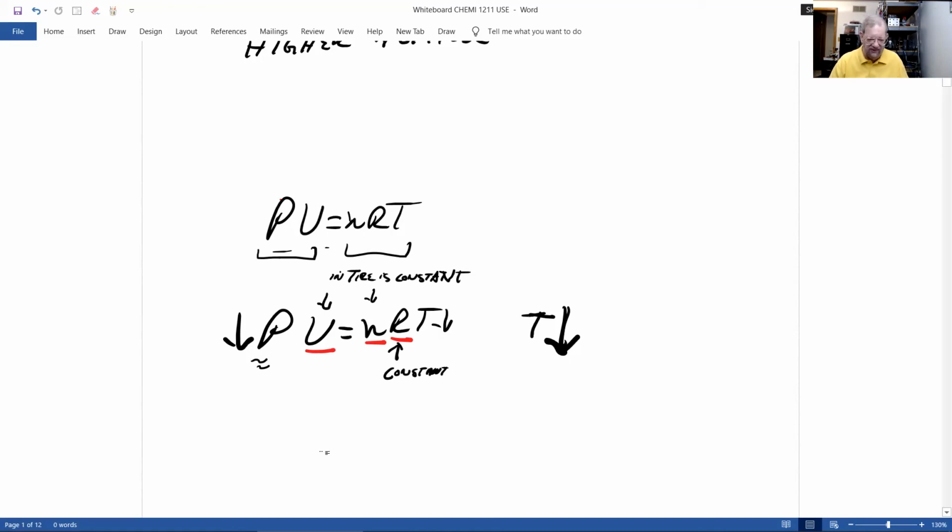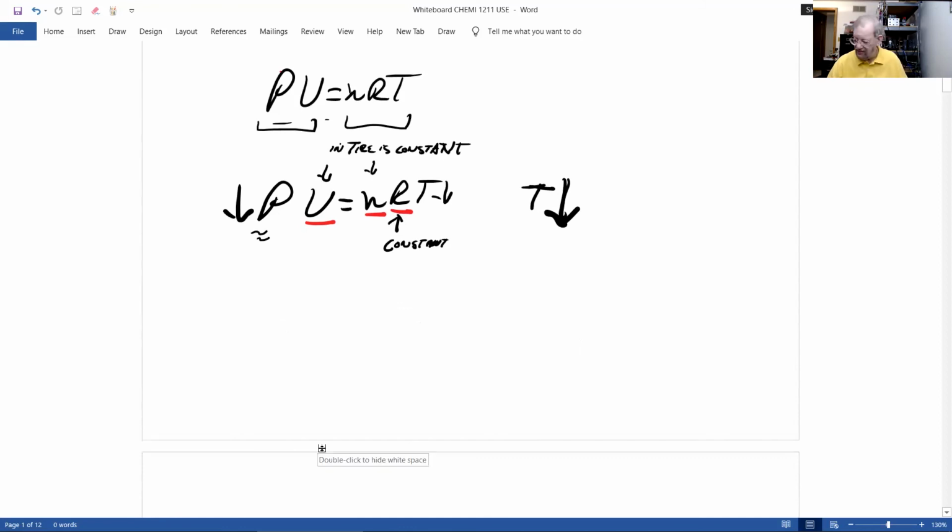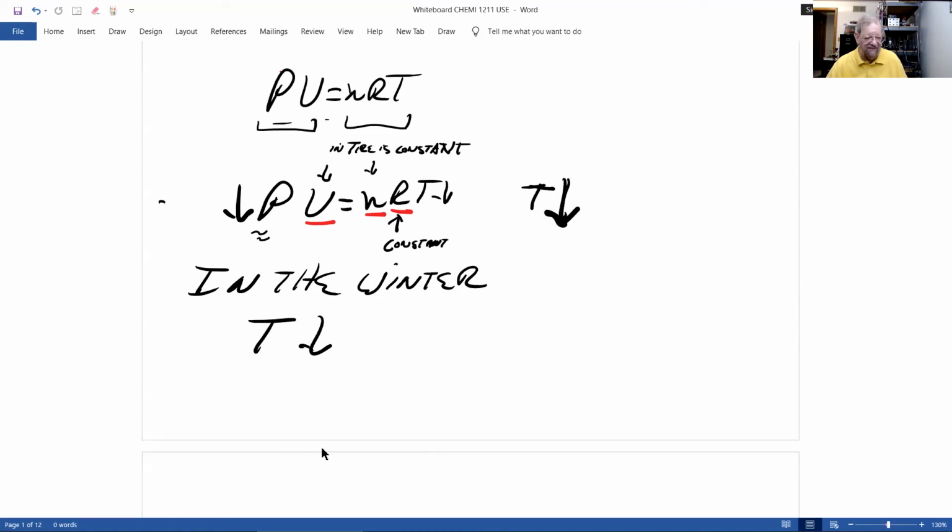So in the winter, when the temperature goes down, the pressure of your car tires will go down. And why? PV equals nRT tells you that.